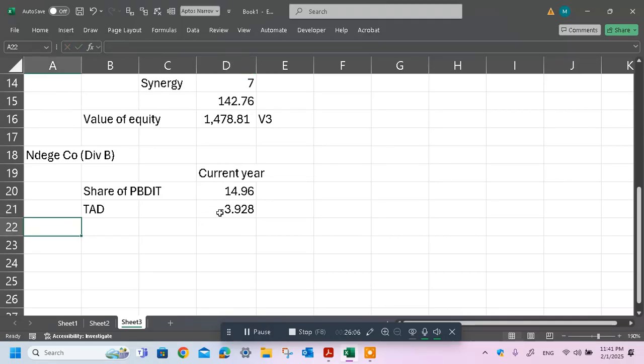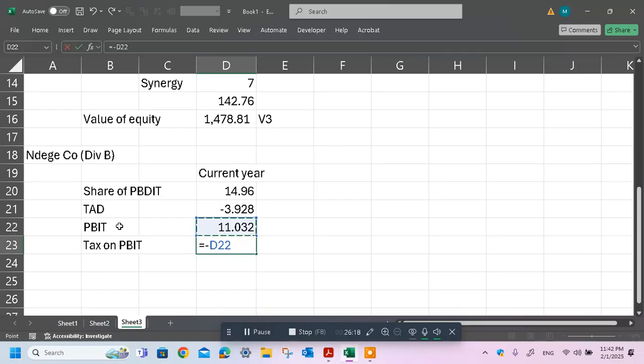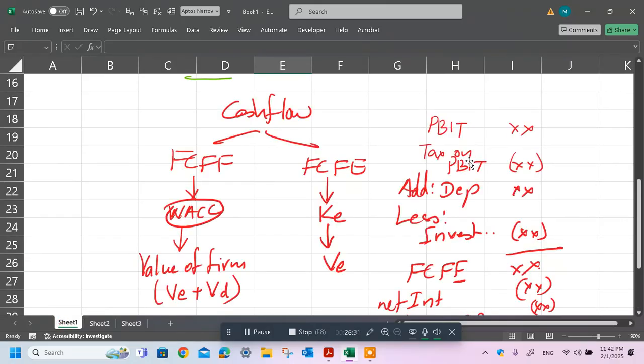Okay. Then you can take PBIT, profit before interest and tax, and the tax on it. PBIT multiplied by 20%. That's the tax on PBIT. Now, what did I explain here? Tax on PBIT.